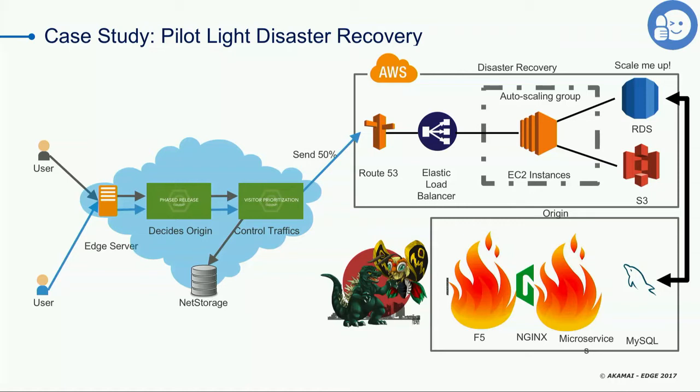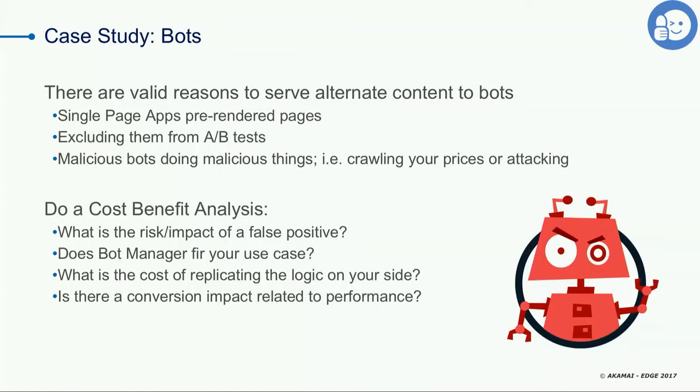So I can decide with visitor prioritization who I am sending. Again, at a high level, phased release is actually doing the shift between the disaster recovery and the origin location, and visitor prioritization is controlling how much traffic I can send. So this is a simple way that Akamai or your CDN can help you in time of crisis.